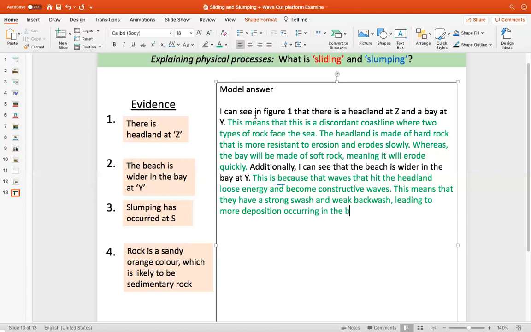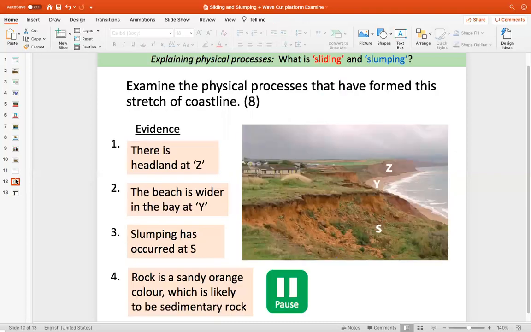in the bay. Now, have a little stop and think, because have we answered the question? Are we really directly answering the question? It asks you to examine the physical processes that have formed this stretch of coastline.